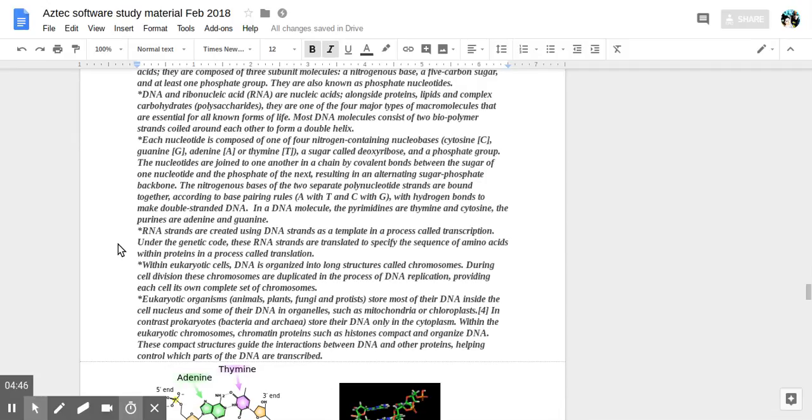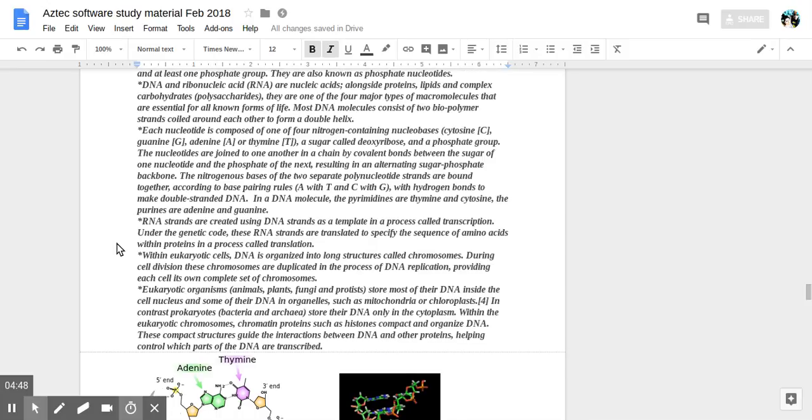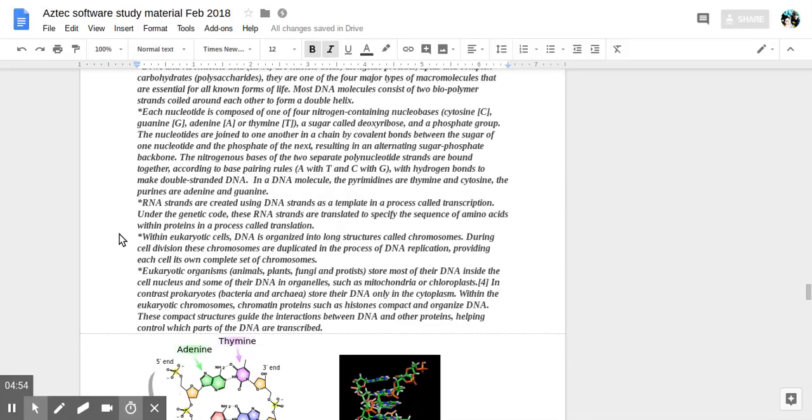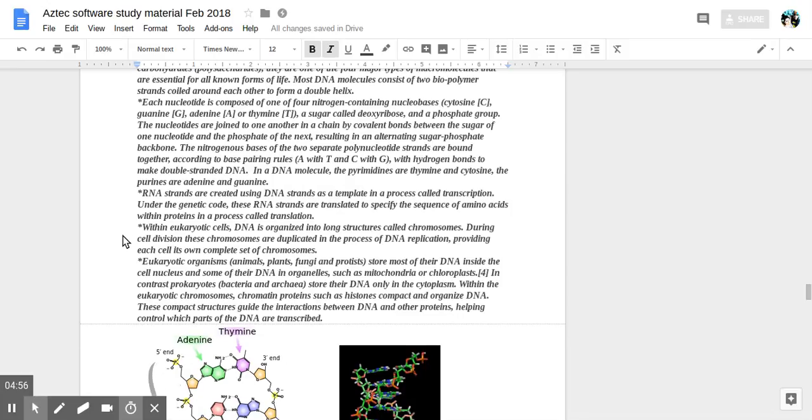The nitrogenous bases of the two separate polynucleotide strands are bound together according to the ATCG rule, A with T, and C with G, with hydrogen bonds making double-stranded DNA.